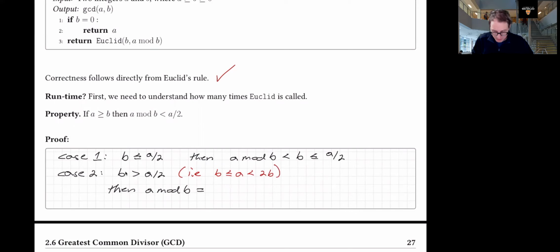So then a mod b is equal to a minus b in that case. But subbing in, we know that b is greater than a over 2. So negative b is less than negative a over 2.